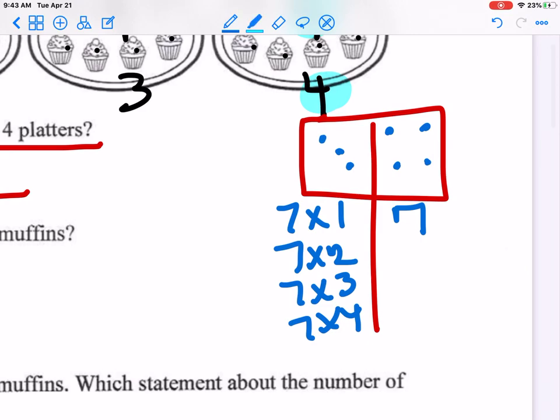I start counting from 7: 7, 8, 9, 10, 11, 12, 13, 14. 7 times 2 equals 14. I start counting from 14: 14, 15, 16, 17, 18, 19, 20, 21. 7 times 3 equals 21. Start counting from 21: 22, 23, 24, 25, 26, 27, 28. 7 times 4 equals 28.